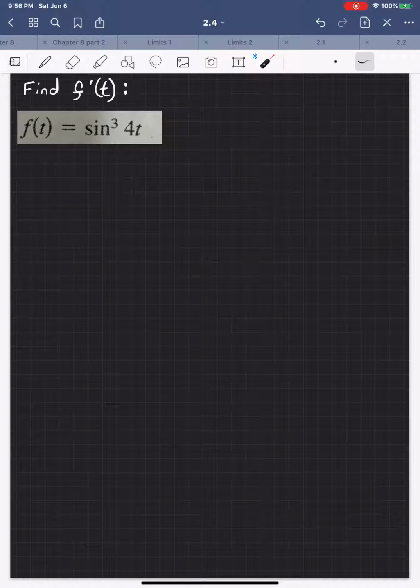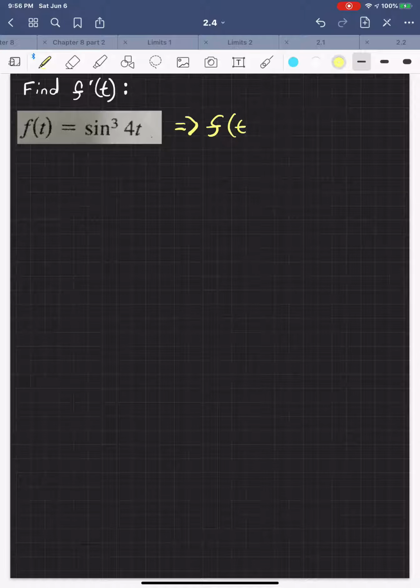So let's start. We have f of t is equal to sine cubed of 4t. And I'm going to rewrite that as sine cubed of 4t.